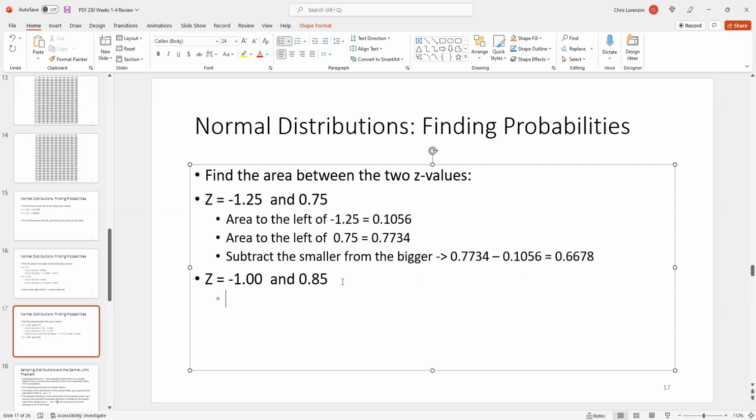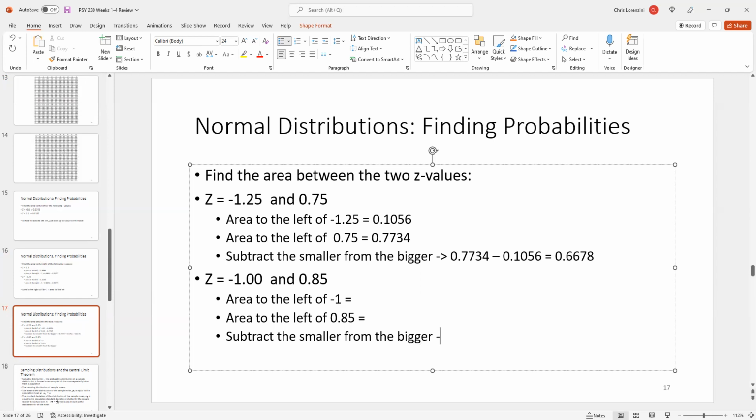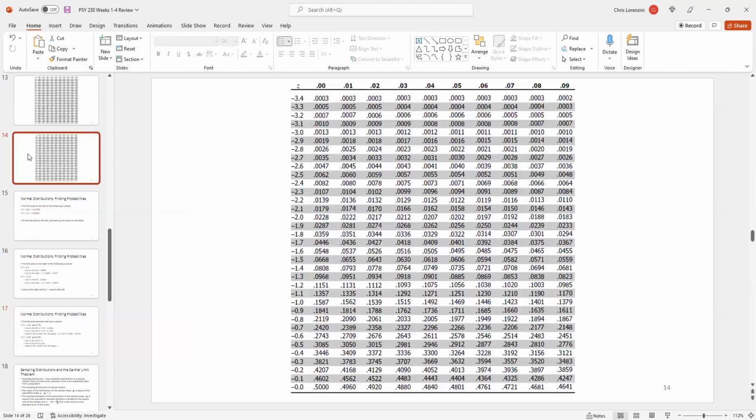Next one, between -1 and 0.85. I find the area to the left of each one. And then I subtract the smaller from the bigger. And that's how I get it. So I just have to look up those two numbers on the table. -1 becomes 0.1587.